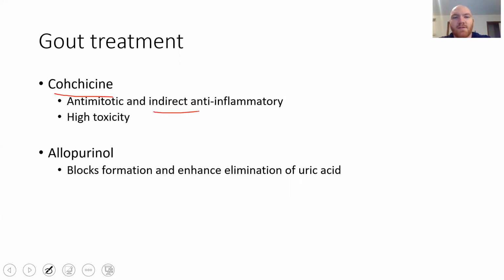So it is an indirect anti-inflammatory. Unfortunately, it has a relatively high toxicity profile. If you remember from the drug development lesson, I mentioned how drugs sold before, I believe it was 1958, did not need any kind of FDA approval. Well, this was from that era. And then up until 2002, I want to say, the drug still didn't have to have FDA approval.